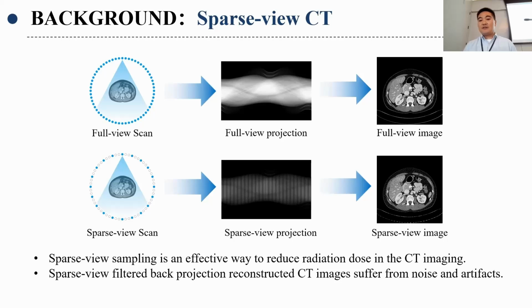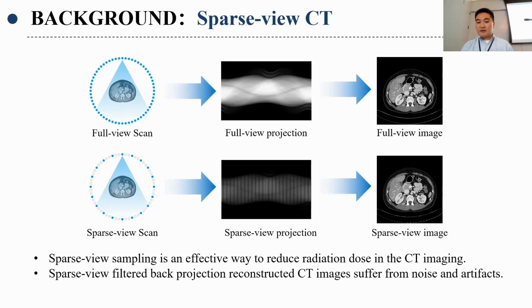images. As shown in the figure, the top row represents the CT imaging under the normal sampling rate, and the lower row represents the sparse-view CT imaging. The exposure interval of sparse-view scanning is larger than that of full-view scanning.